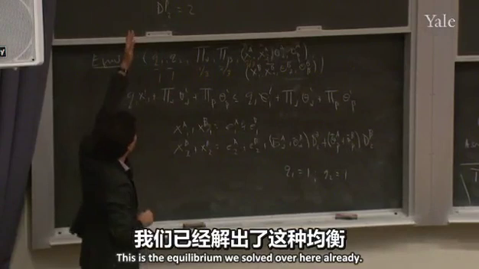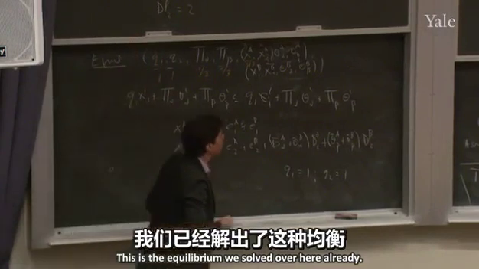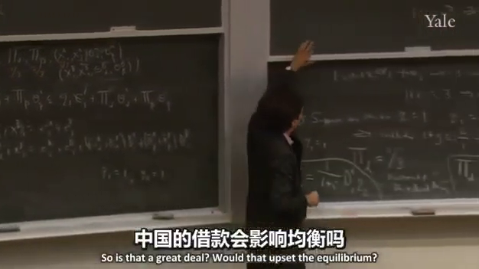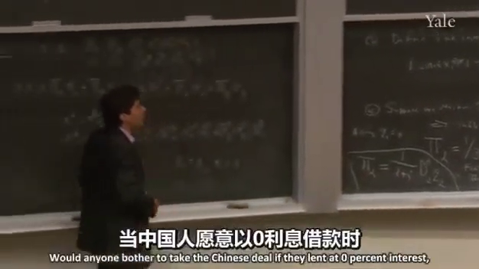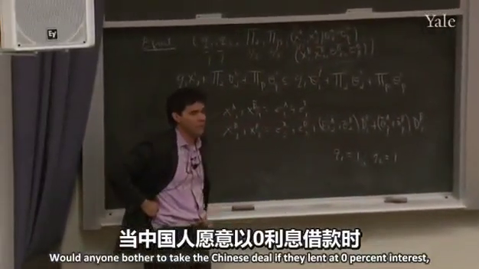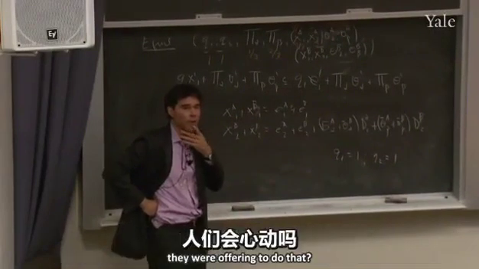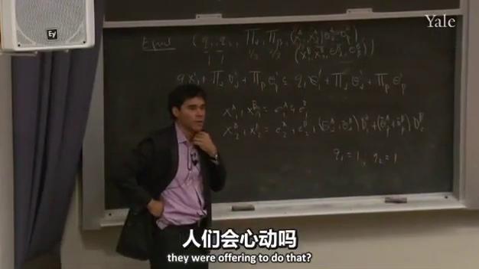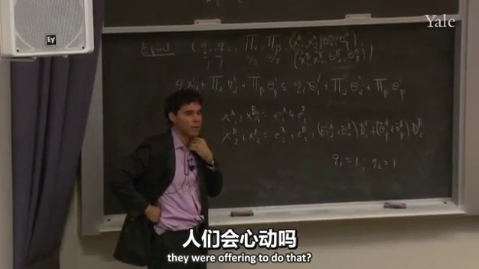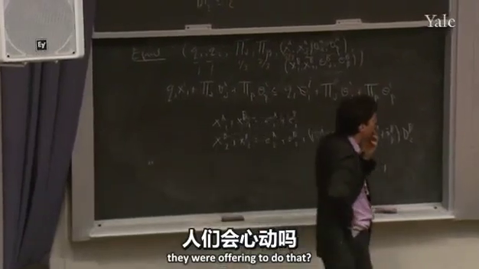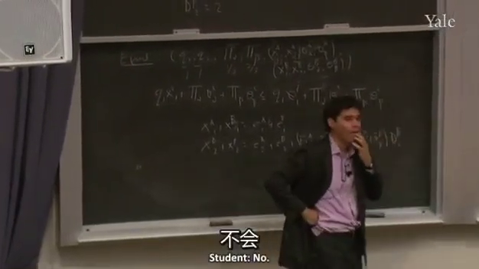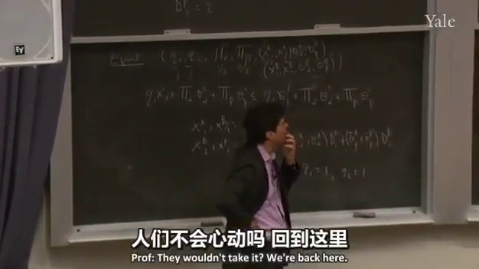This is the equilibrium we solved over here already. So is that a great deal? Would that upset the equilibrium? Would anyone bother to take the Chinese deal, if they lent at 0% interest, if they were offering to do that?